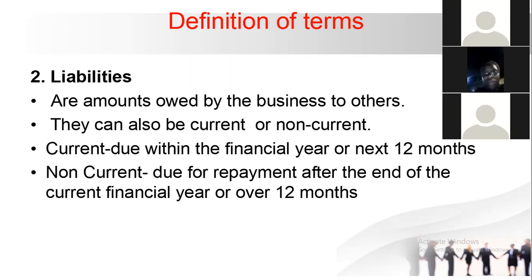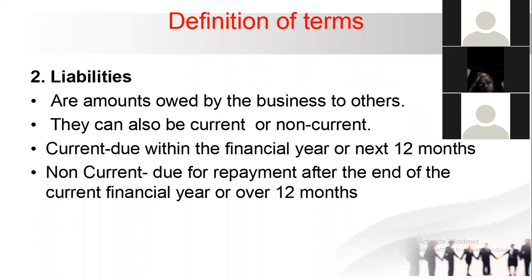We have to borrow money from financial institutions, from friends and family, or from any other source apart from those that I have just mentioned. When we borrow the amounts of money, we are expected to pay them back, and we term them liabilities in accounting. So any amount that we owe to other businesses is called a liability.